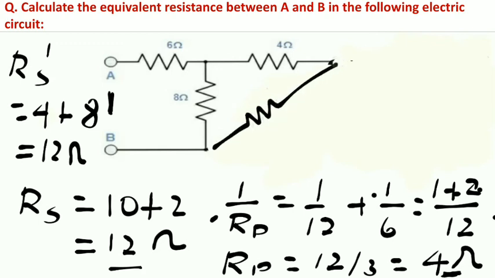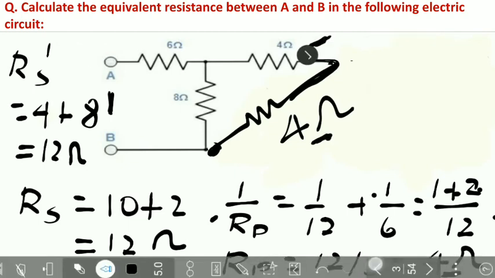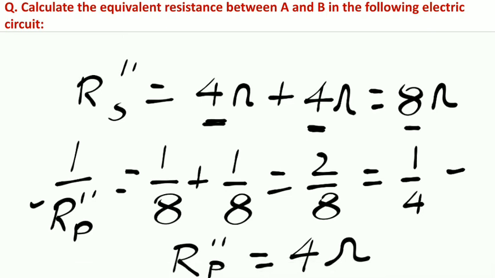Now this 4 ohm and this 4 ohm, these two are in series. So the resultant of this 4 ohm and this 4 ohm, let us calculate. Yes, we have calculated. The resultant of 4 ohm and 4 ohm which are in series becomes 8 ohm.